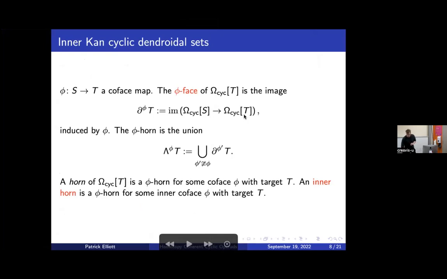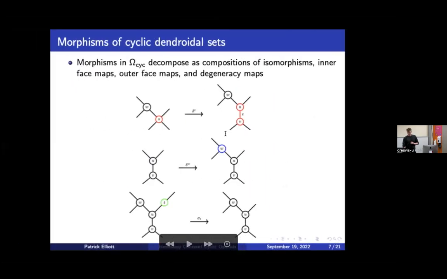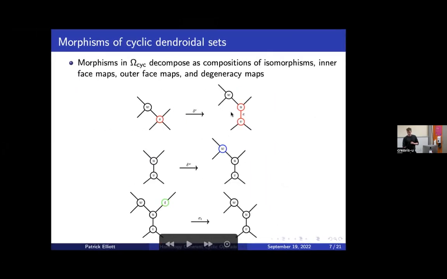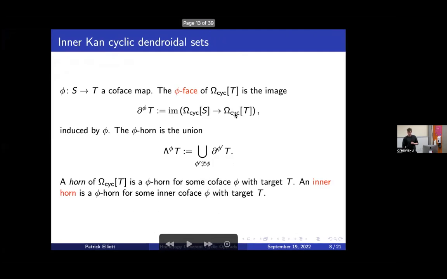Right, so this is a bit of a technical slide. Let's take a coface map. Let's recall that's blowing up a single vertex to get an edge. A face of T is just the image on the representables of a coface map.